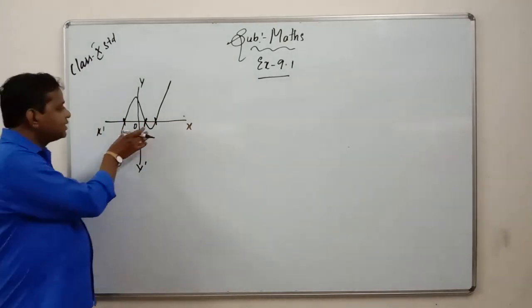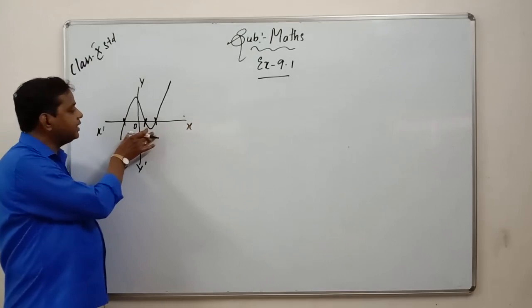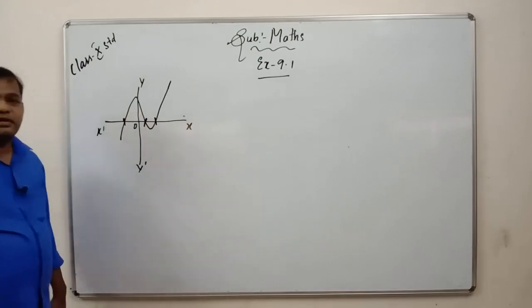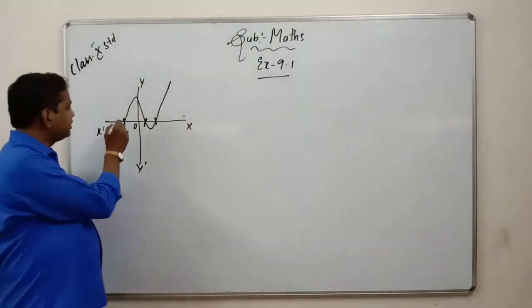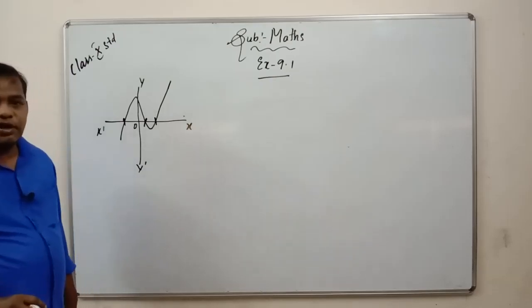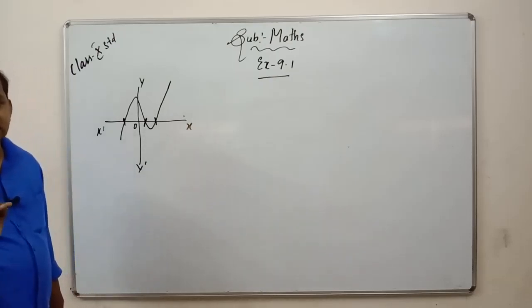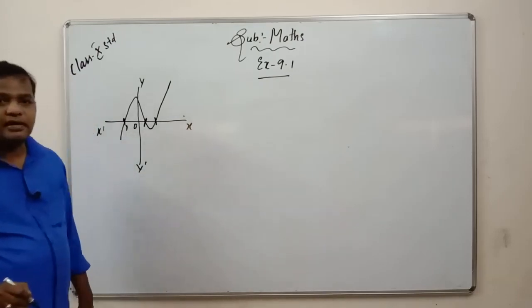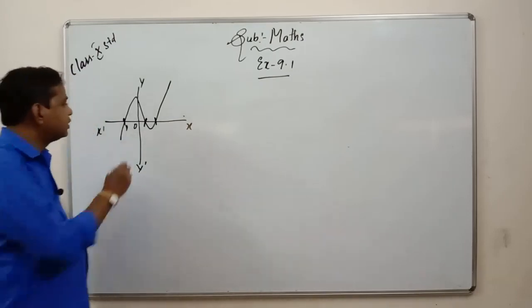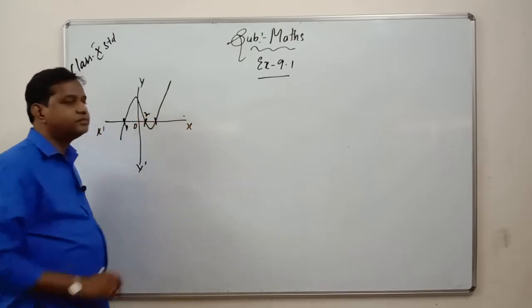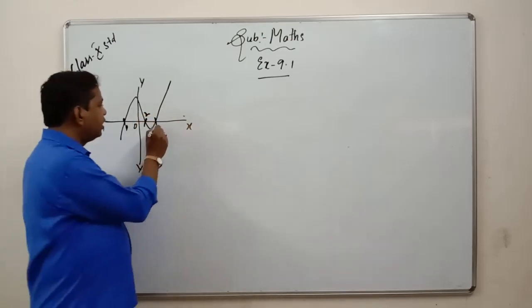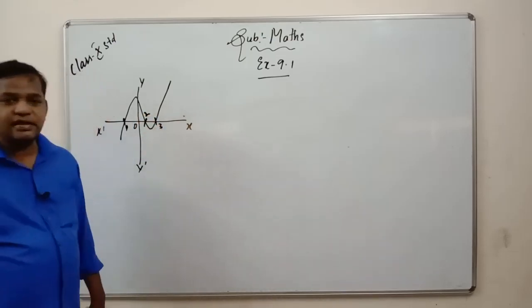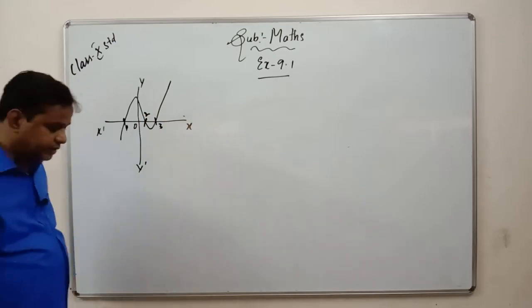Why? Because this graph is intersecting the graph sheet at 3 points here. I told you once again, it should intersect only the x-axis, not the y-axis. So on the x-axis, it is intersecting at 1, 2 and 3 points. It is intersecting the x-axis at 3 points.